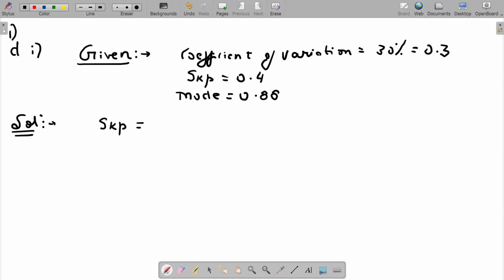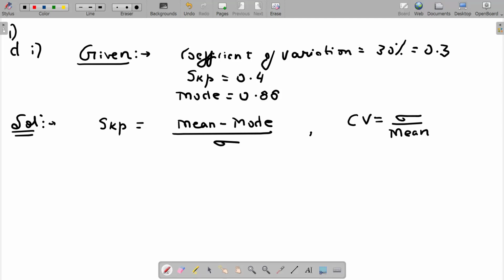Okay, so what's the formula for Karl Pearson's measure of skewness, SKP? If students remember the formula, it was simply the mean minus the mode over the standard deviation. And the formula for coefficient of variation is just standard deviation over the mean.